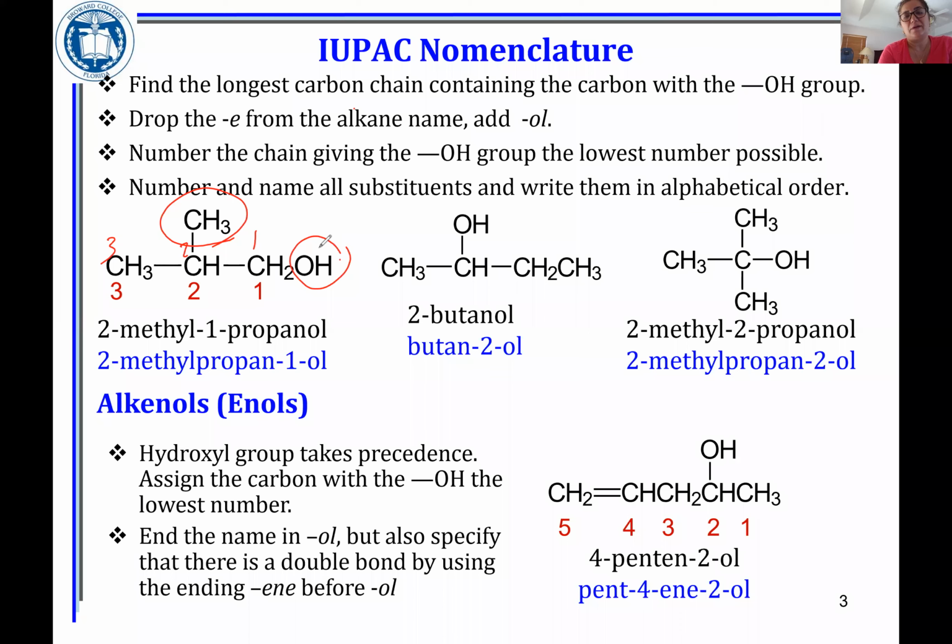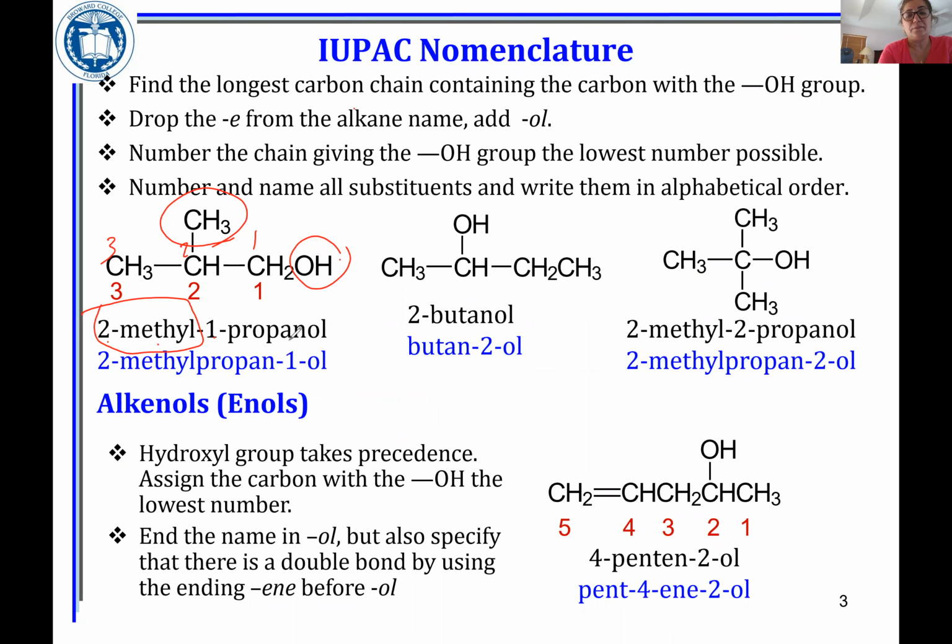The methyl group is on carbon 2. That's the only other branch that we have. So we start with the location of the branch, then the name of the branch. Then for the functional group, you have to indicate that it's on carbon number 1.